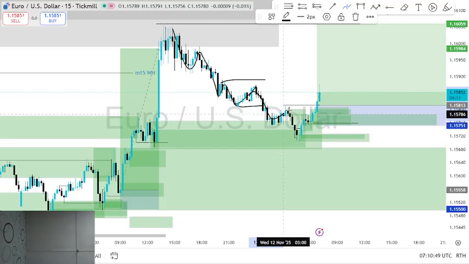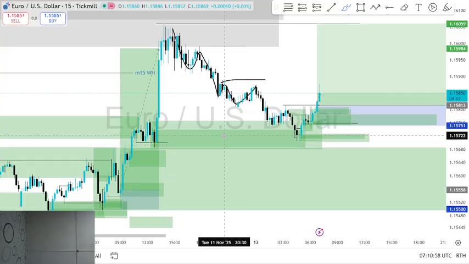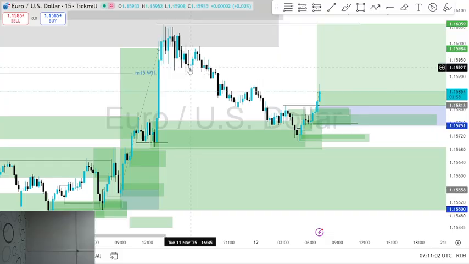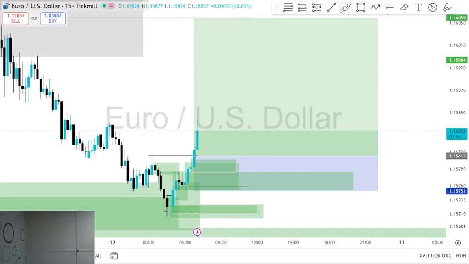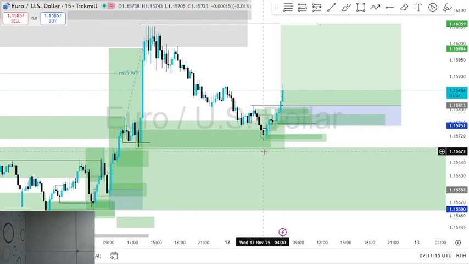Within this pullback, we haven't really had any strong liquidation. What has happened is a break of structure, a change of character. A change of character is the first signal that this pullback is ending.